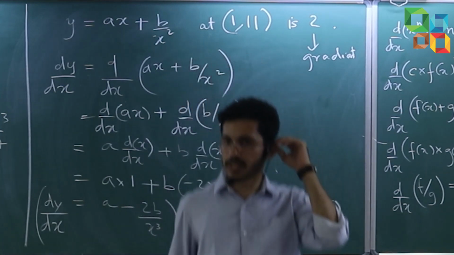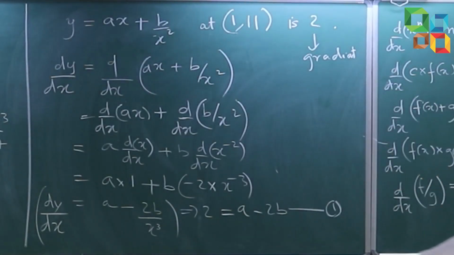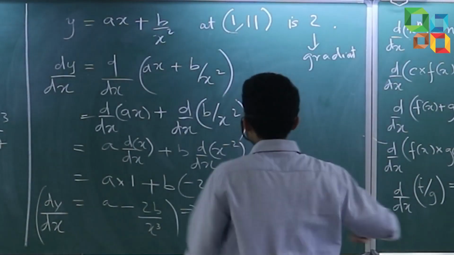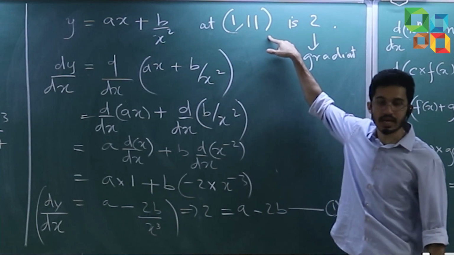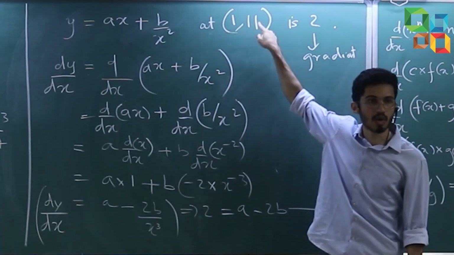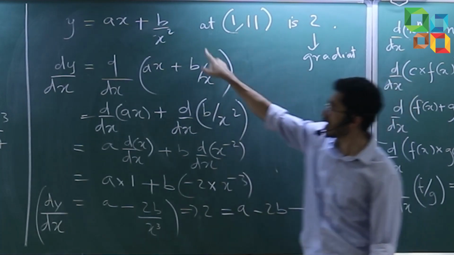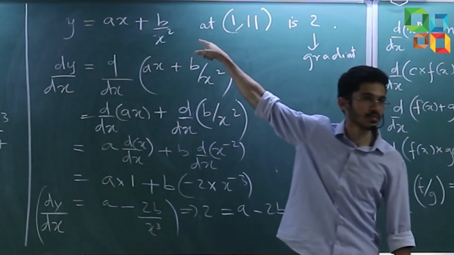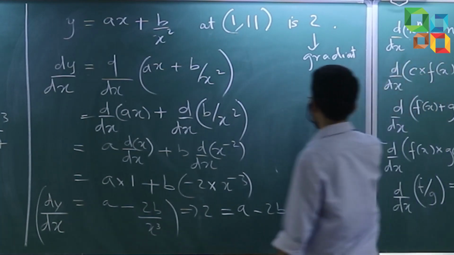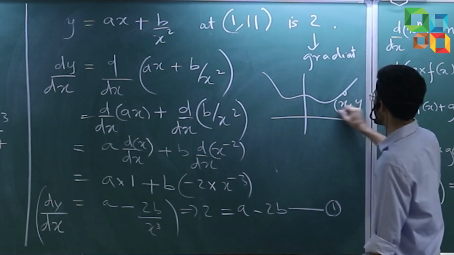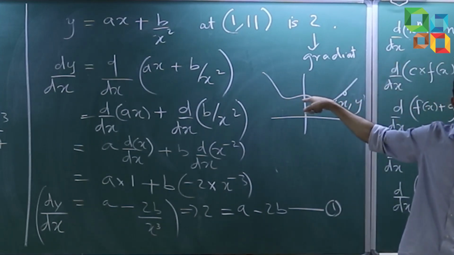We need one more equation. Where can we get the other equation from? Someone over this side. A plus b is equal to what? 11. Good. So this point is also given to be on the curve. That means when x is equal to 1, y has to be 11. In other words, x equal to 1, y equal to 11 should be a solution for this equation. If I give you a point that lies on a curve, won't that point satisfy the equation of that curve?